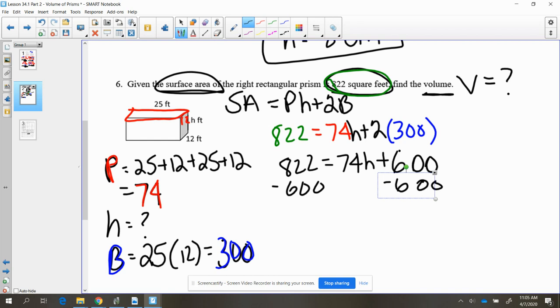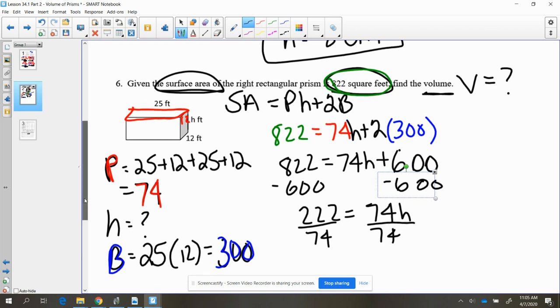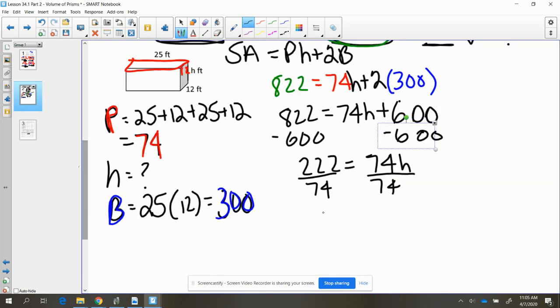So 822 minus 600 is 222. And then finally, to get the height by itself, we need to divide by 74. So our height here ends up being 222 divided by 74, which is, excuse me, just 3.